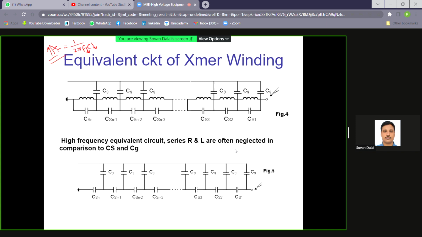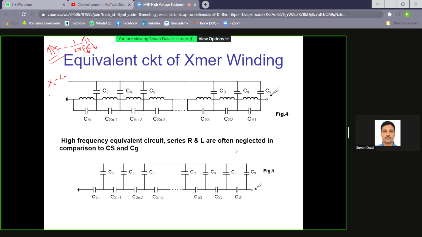But here, when we are talking about high voltage, we are always faced with transient voltage, because when testing a particular test object, you have to frequently switch the transformer on and off. So the testing transformer is subjected to transients. In transient condition, the frequency is very high, so the capacitive reactance is low.